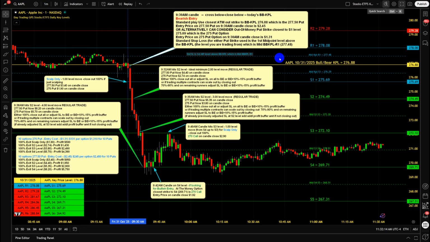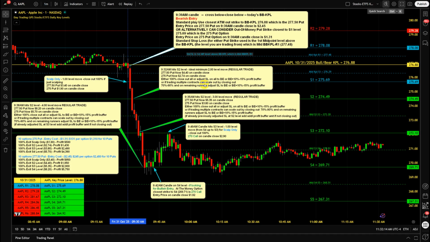So getting back to this, the point I was making overall is that you start off your trades with your stop loss based on a level. However, when you're doing your adjustment to break even, or break even plus a 10 to 15% profit buffer, now you're changing your stop loss to just the regular price of the option stop loss.